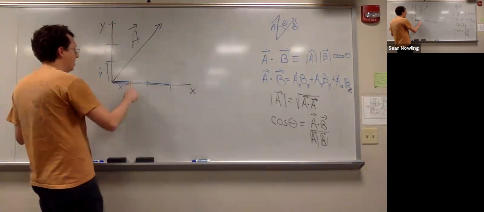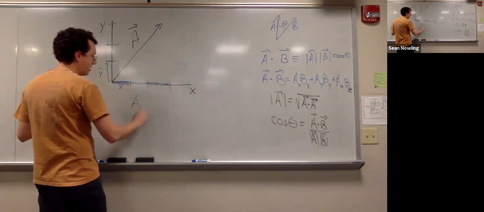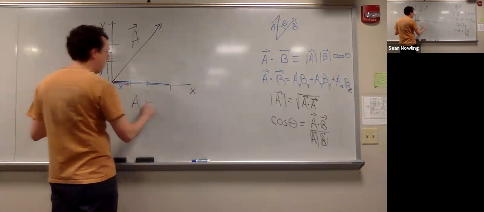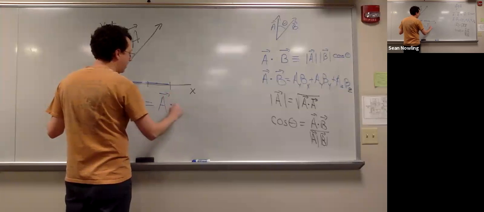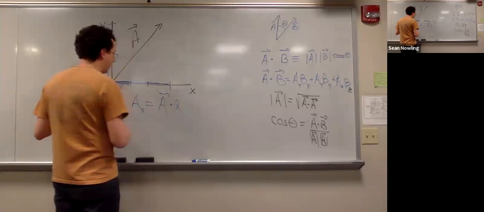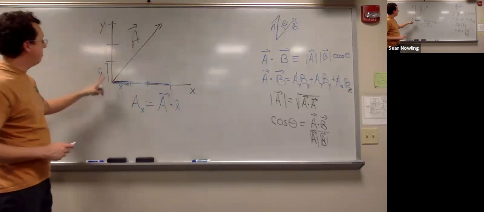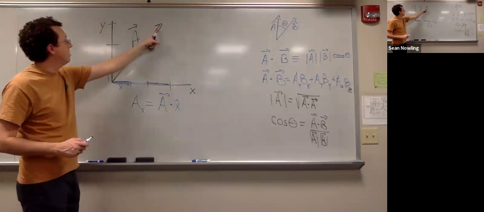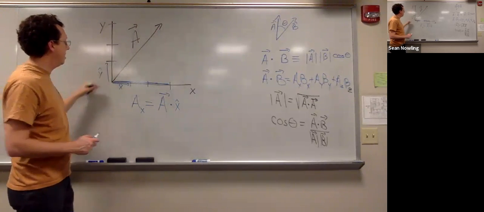Okay. So we learned here that A_x, the x component, is nothing other than the dot product of A with x hat. Similarly, A dot y hat measures the projection of A in the direction of y.